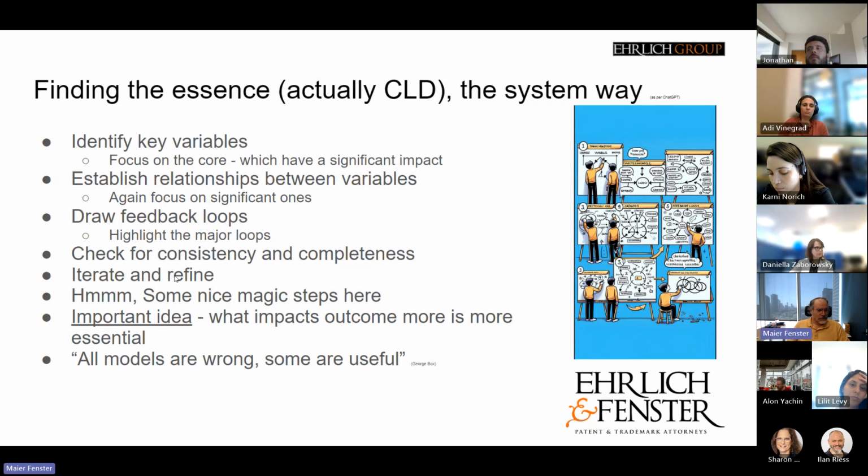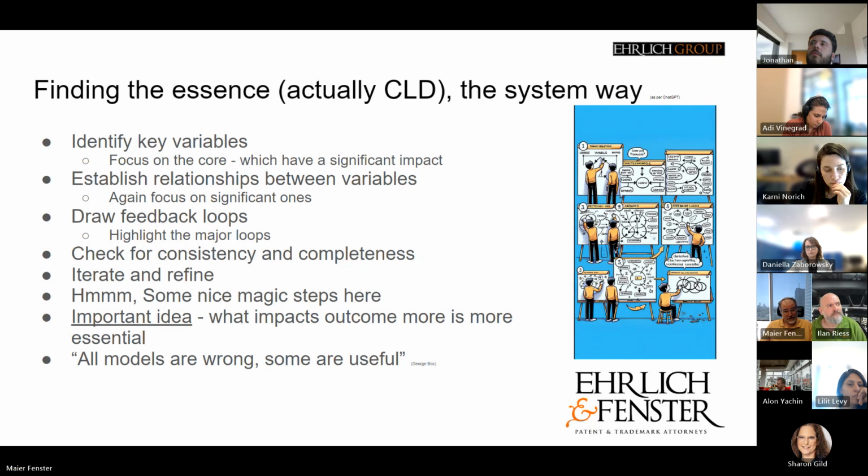Now, the problem with this method is it has magic. And the magic is figuring out which ones have a significant impact. And the reason why it's especially difficult in system thinking is because system thinking is about nonlinear effects. And nonlinear effects means that a small change in a variable can have a very significant outcome on the output.